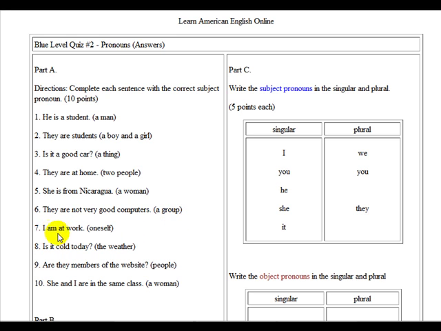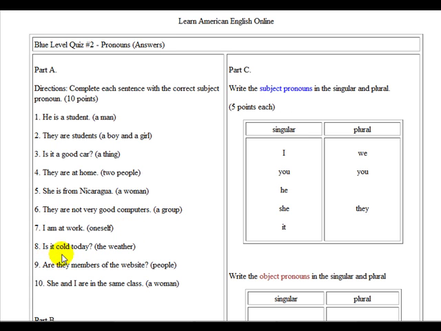Here we have I am at work. Well, that's oneself, okay, I, which is just me, say I am at work, and I and am are the verb to use, the pronoun, for me.